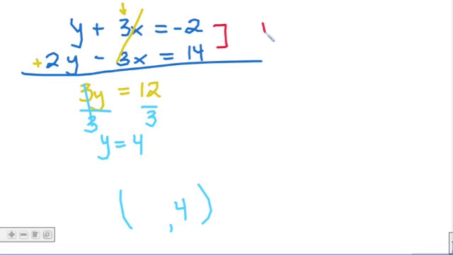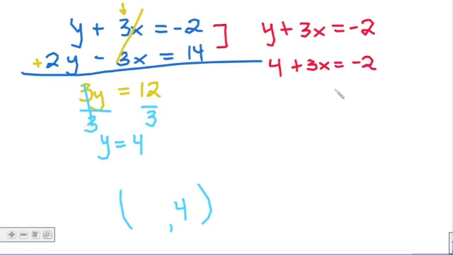I'm going to pick the top one, so we have y plus 3x equals negative 2. And now instead of the y, I'm going to put 4. So I have 4 plus 3x equals negative 2. I'm going to combine my like terms, which means I'm going to move this 4. It's positive, so I'm going to make it negative.